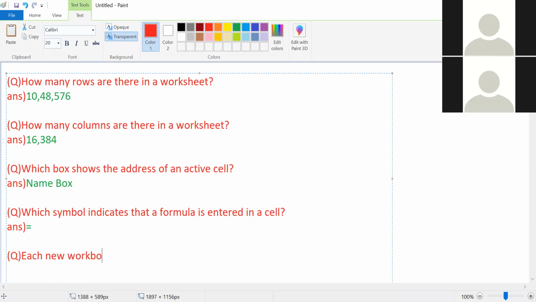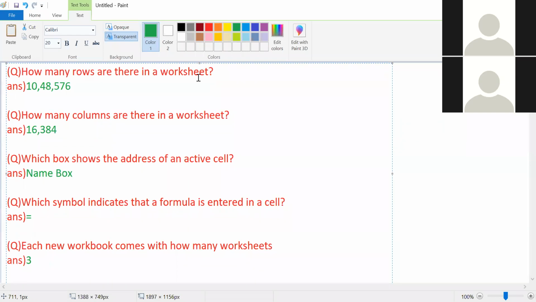Each new workbook comes with how many worksheets? Sir, 3. The right answer is 3. Each new workbook comes with a total of 3 worksheets.